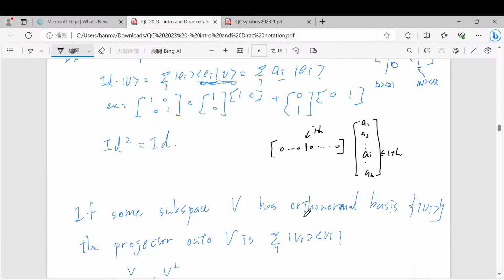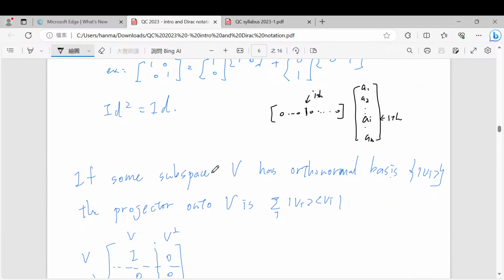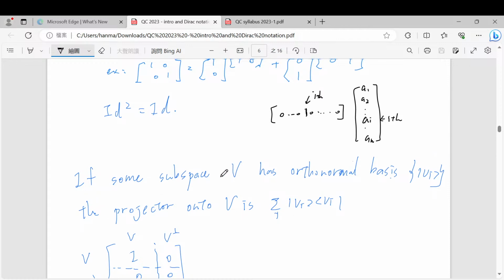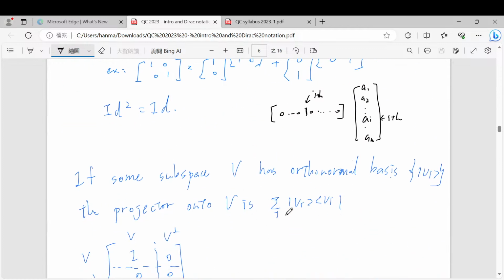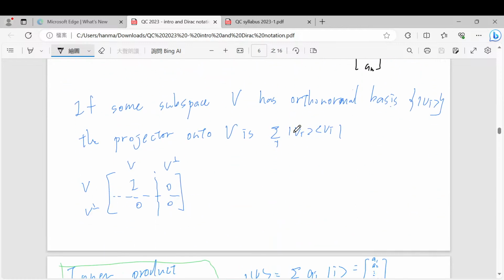Anyway, we often say that if we have some subspace and we describe it with some orthonormal basis Vi, then the projector onto V is kind of like this identity matrix. It will be the summation over i of Vi ket Vi bra. As you probably already see here, each of those Vi ket Vi bra is a projector onto the vector Vi, and if you sum over i, then it's the projector onto this subspace V.